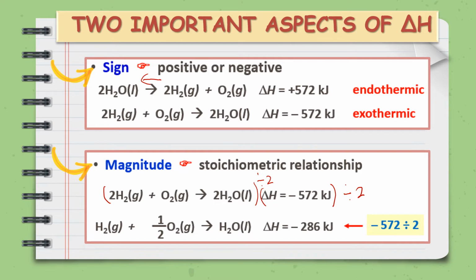That's why you will get the value here. The delta H is half the initial value. So please take note about these two aspects of delta H. It will be useful later when we start on our 2.3. So take note of this.